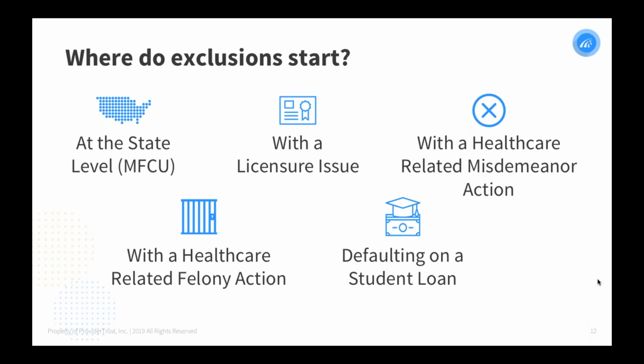So the takeaway and the headline is it's the whole spectrum. They can come from all kinds of different places. Obviously, some of these are more serious than others, but all need to be addressed and acted upon if you want to adequately monitor your provider networks and all of your other populations.